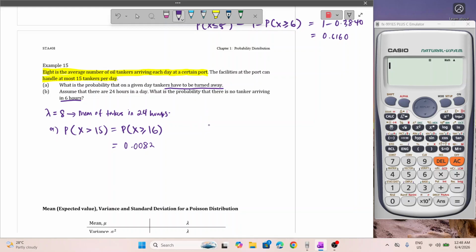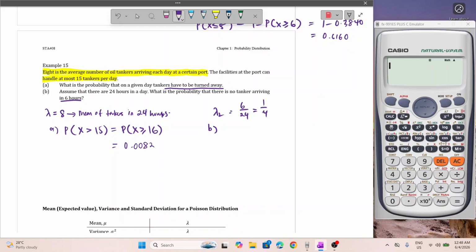To answer question B, you need to find a new mean for 6 hours. 6 hours is 1/4 of 24 hours, right? 6 over 24 is equal to 1 over 4.